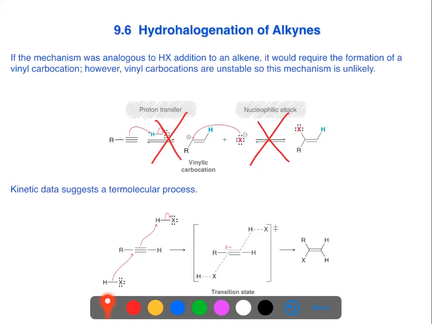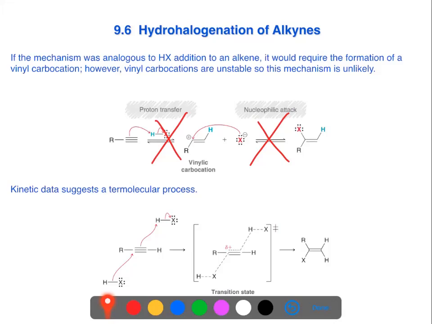Further study into the mechanism for hydrohalogenation of alkynes suggests that the transition state for this reaction goes via a termolecular process. That is, there are three molecules interacting at the transition state. So as you can see in this example, the terminal alkyne is interacting with two molecules of the hydrogen halide.